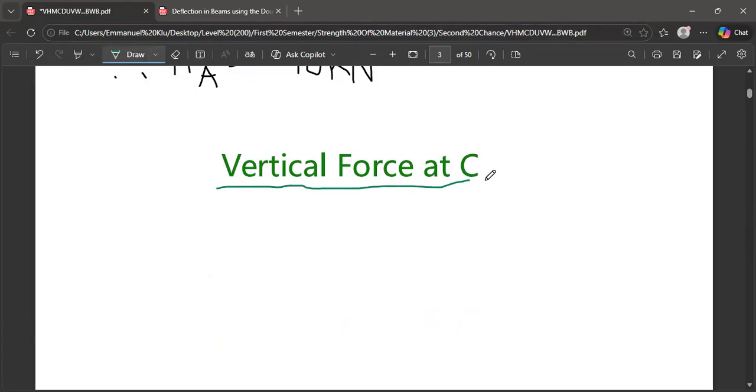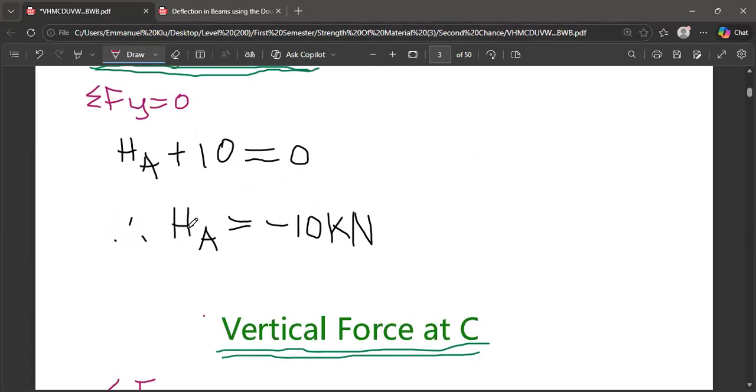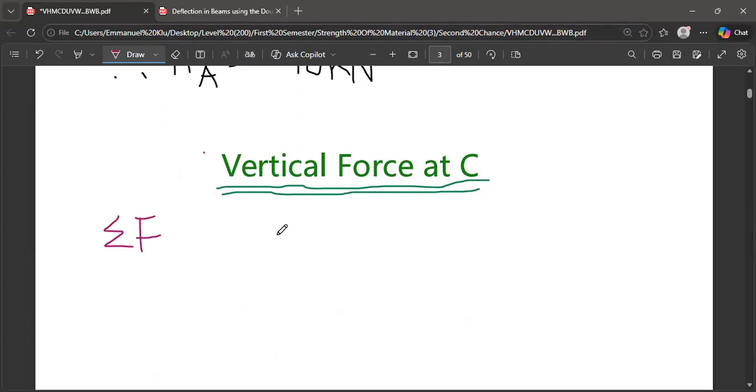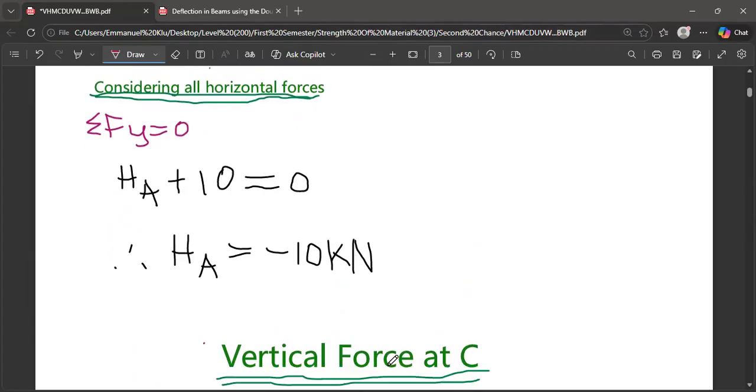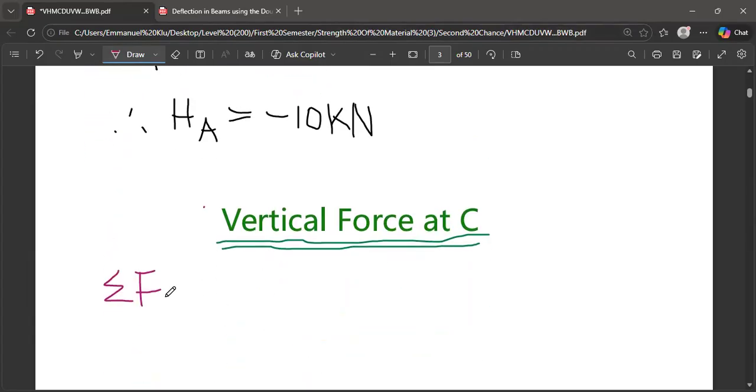Very nicely. So we are just going to pull down our rule. So we say that the sum of all forces moving in the y-axis, because this time we're talking about vertical force, should be equal to 0.